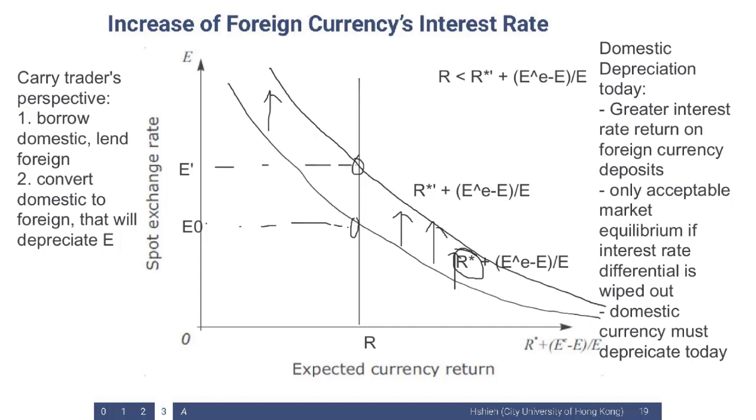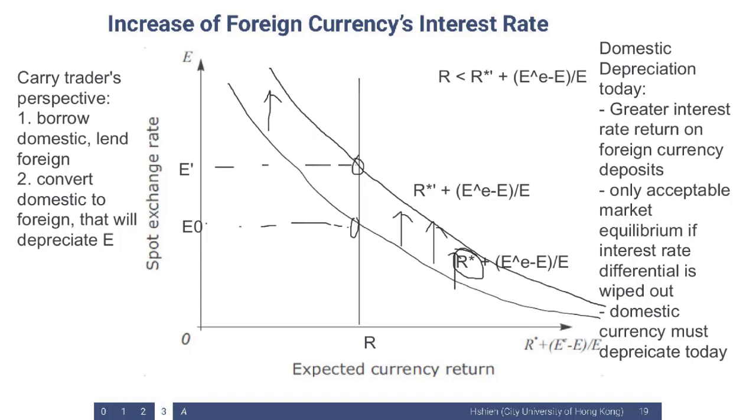So let me explain why it shifts up. What's happening is the following. Remember, if we have R star prime, that means that now we have the following violation of UIP, right? R is fixed.